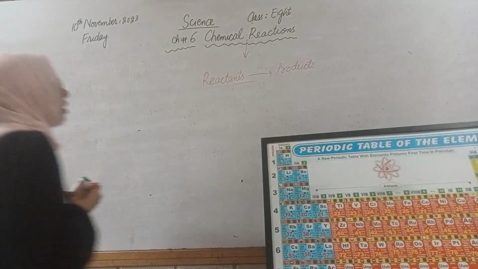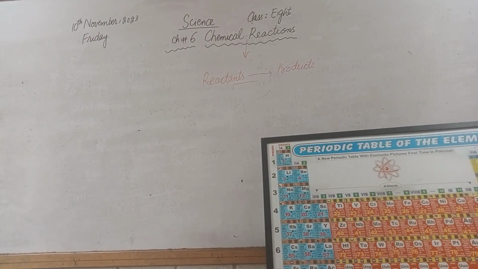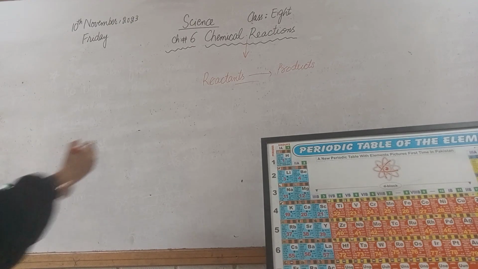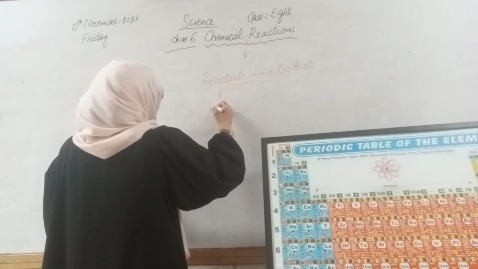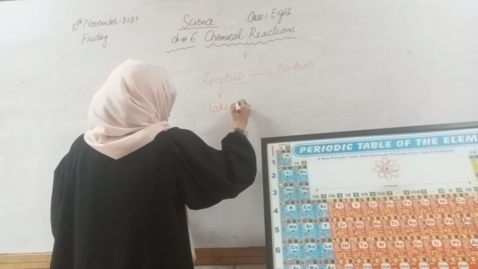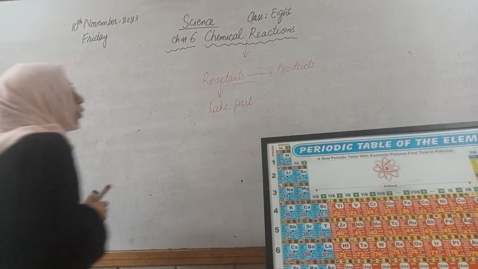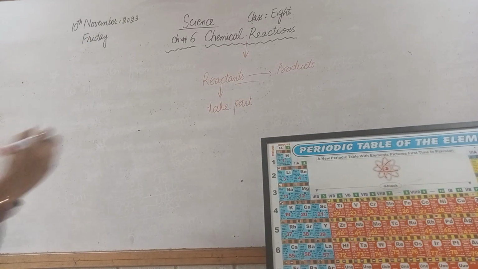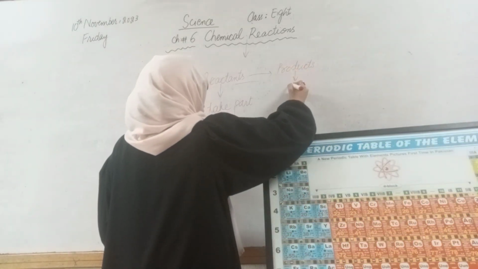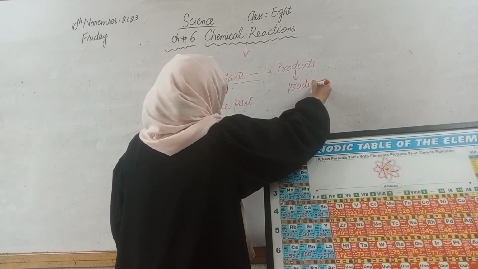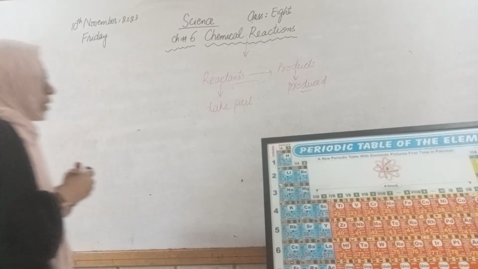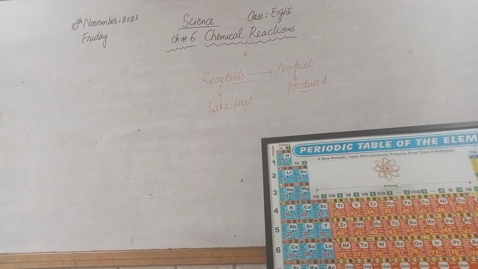As we have discussed in the class, the reactants are those compounds that take part in a chemical reaction, and the products are those compounds that are produced as a result of chemical reactions. When reactants combine, they make products. You know that. And the formation of product by the reactants is called a chemical reaction.